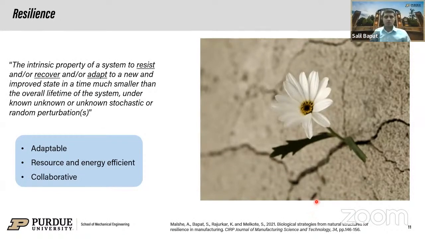Remember, I highlighted the word resiliency when talking about smart manufacturing. The definition of resiliency is an intrinsic property of a system to resist and/or recover and/or adapt to a new and improved state in time much smaller than the overall lifetime of the system under known or unknown perturbations.